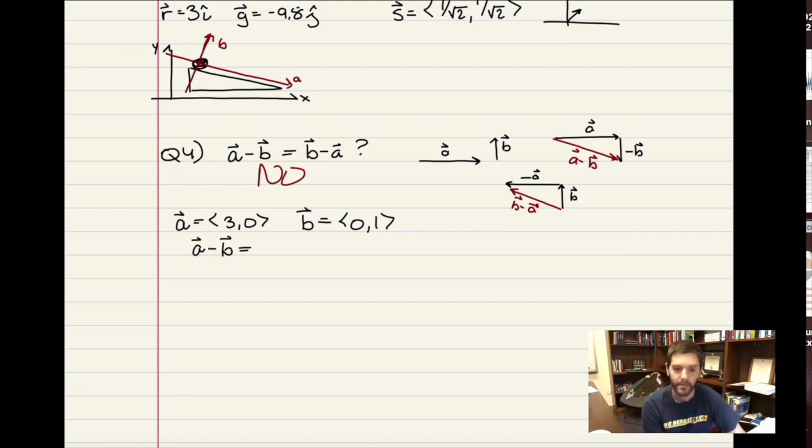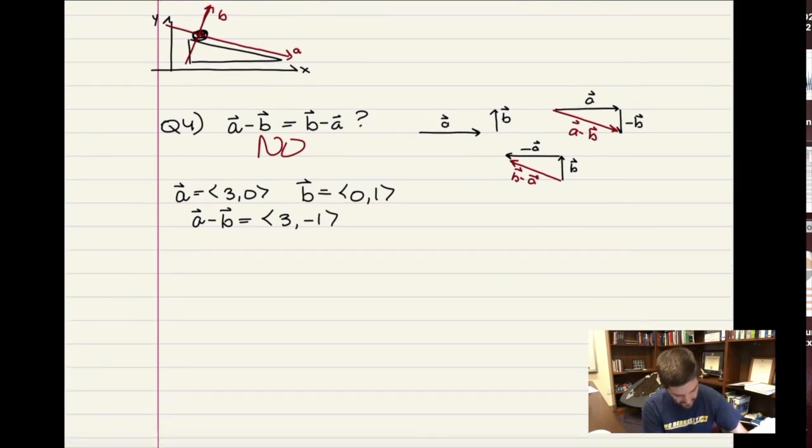A minus B means I take the x component of A minus the x component of B, so that's 3 minus 0, and then I do 0 minus 1. So A minus B might look something like that. B minus A, I'll let you convince yourself, is instead that. So again, they are not equal. Turns out they're the same thing, just flipped, similar to regular subtraction: 3 minus 2 is the negative of 2 minus 3.